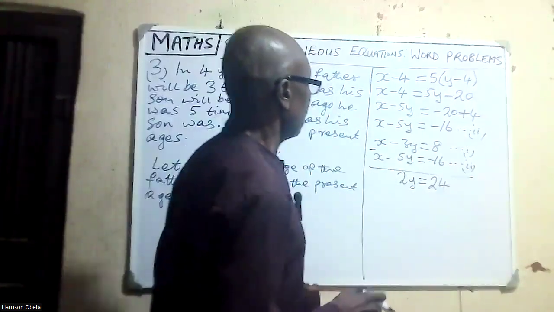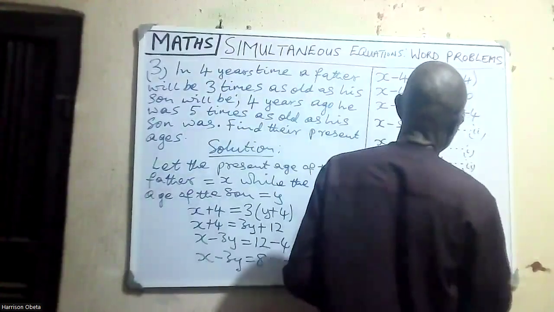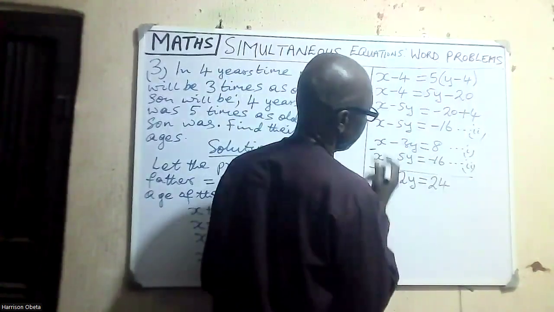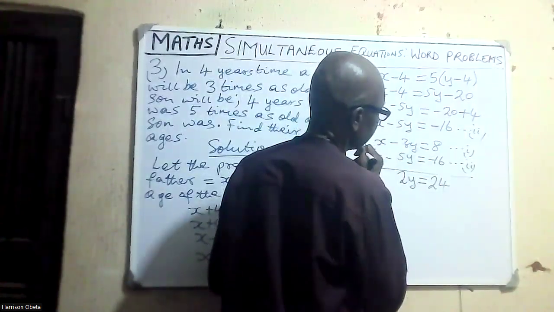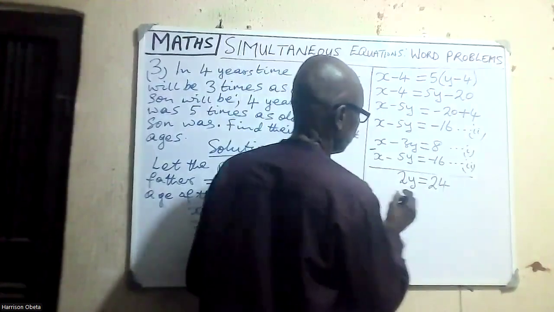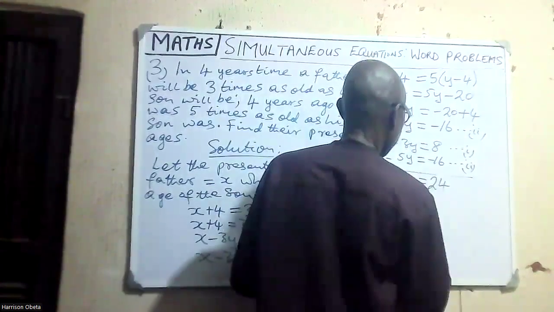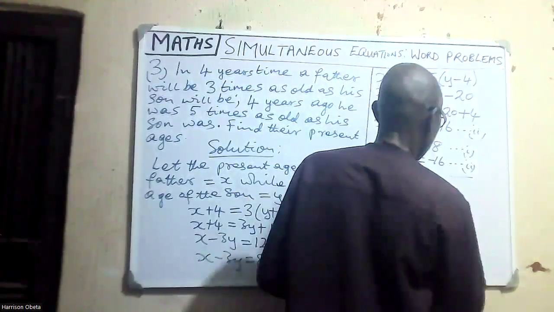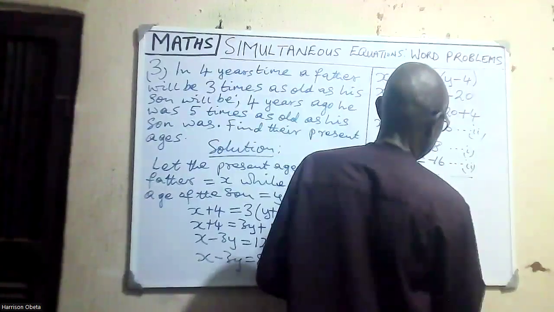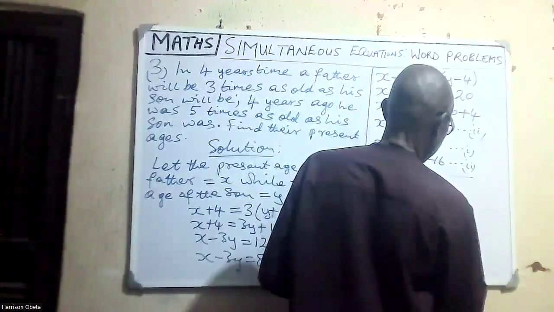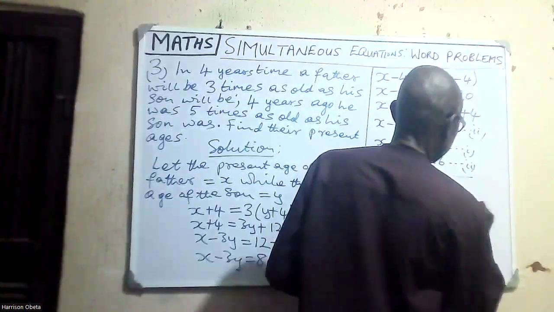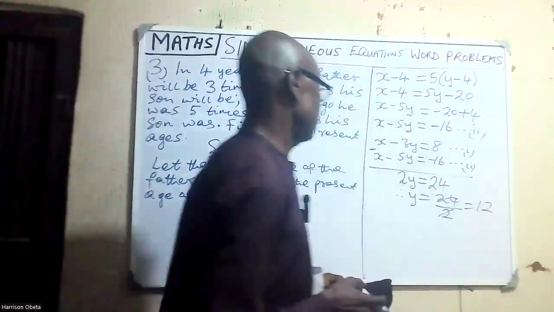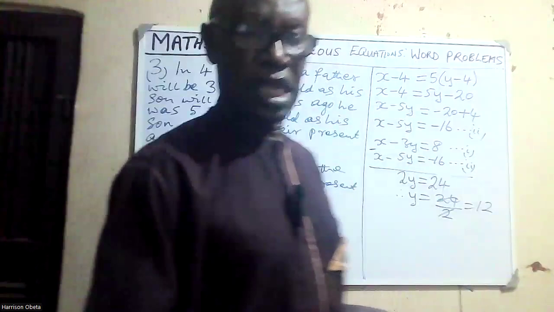So in that case, we divide both sides by 2. Therefore, y is equal to 24 over 2. And that is 12.